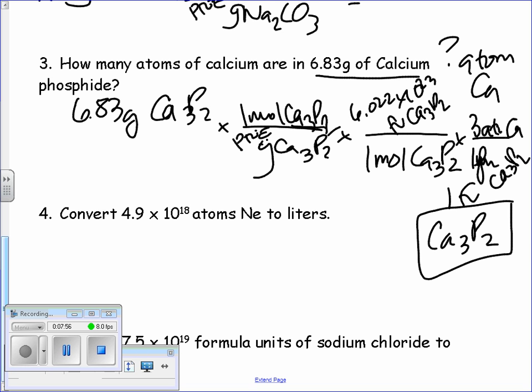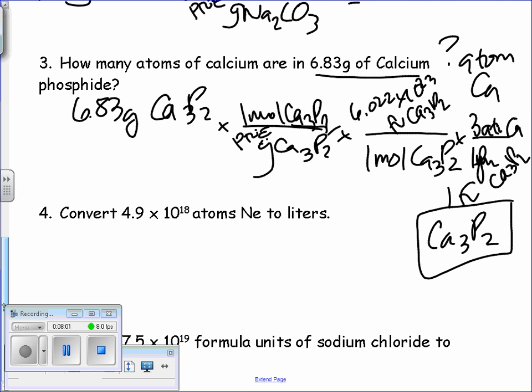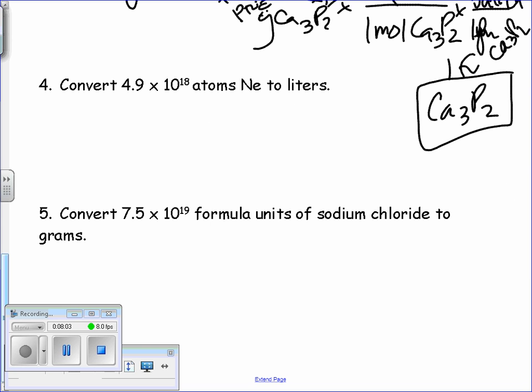Okay, for this last one, what am I starting with, Arushi? Atoms, right? So I'm starting with atoms of neon. Get me to a usable unit, Kevin. You can't, so you know you cannot go straight from atoms to liters.